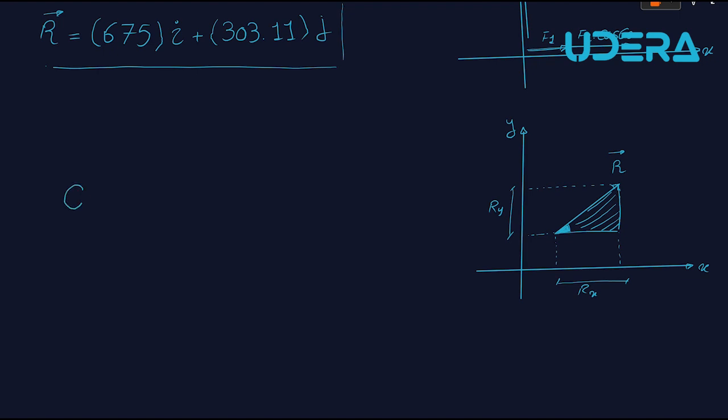From trigonometry, I can say the cosine of theta x is equal to the adjacent side, which is Rx, or the x component of R, which is 675, over the magnitude of R, which is 740.